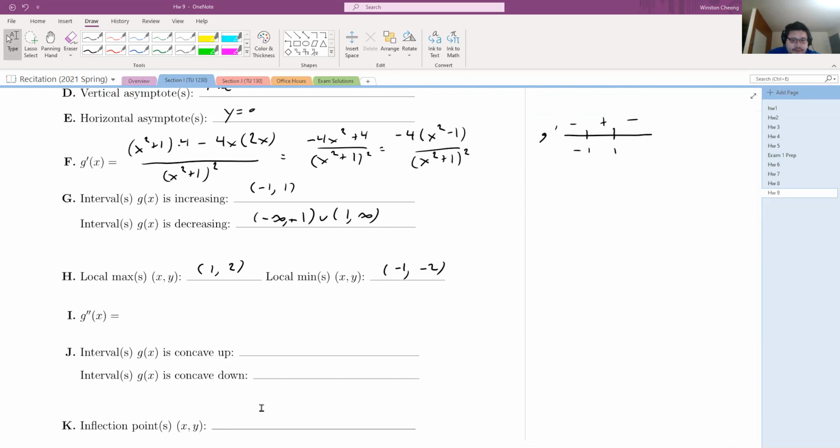Now we have to do another derivative. I'll be looking at this one, I think, since I can take a derivative of that more easily.